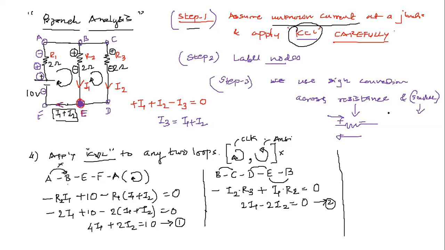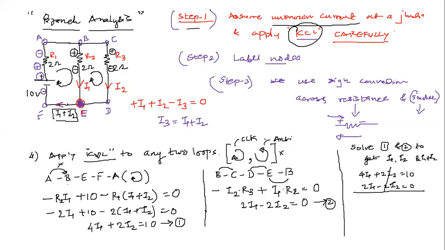Now we want to solve these two equations, 1 and 2, to get I1, I2 and I1 plus I2. That's it. Solving these two equations is easy. I hope you know how to solve simultaneous equations, and these are all linear equations, so very easy to solve.